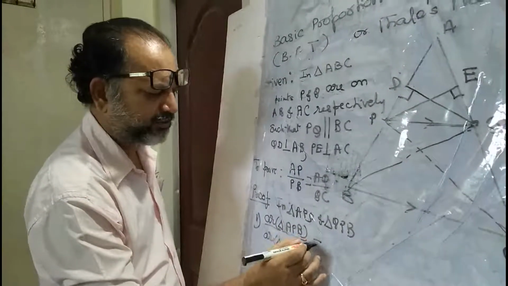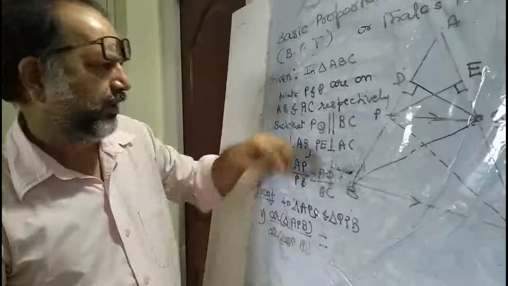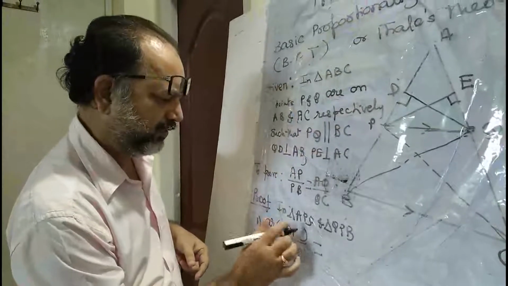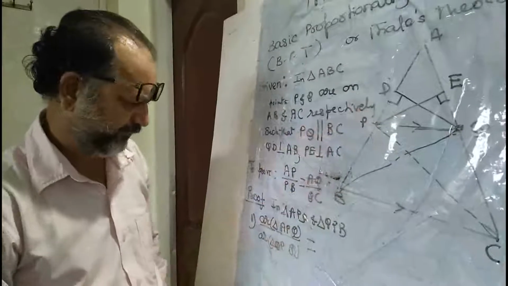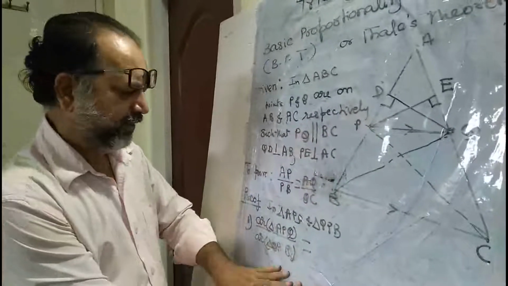As we have already discussed, area of triangle is half base multiplied by height.